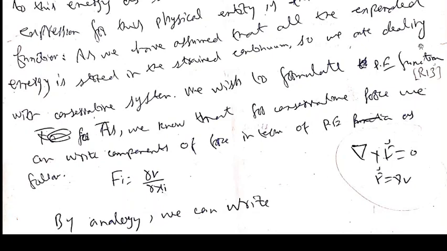For a conservative force, we know that if the force F is conservative, then the curl of F is equal to 0, and when this happens, we can write F as the gradient of some potential function, say V. So F is equal to the gradient of V. Any ith component of this force can be written in terms of the potential energy function as Fi equals partial V partial xi, because F is equal to partial V partial x1 e1 plus partial V partial x2 e2 plus partial V partial x3 e3.